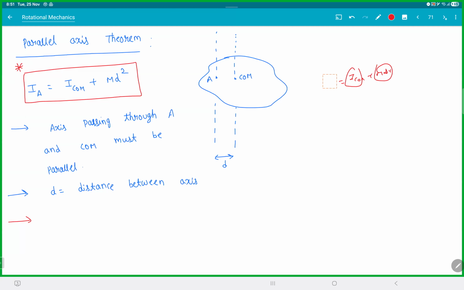For example, if I tell you, in a class, teacher is there, students are there. The height of the student is height of the teacher plus the distance between the student and the teacher. Listen to the statement. Height of the student is height of the teacher plus distance between the teacher and the student. Who is the shortest person in the class?